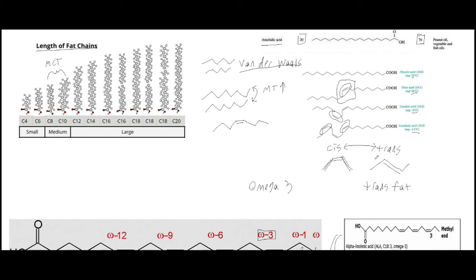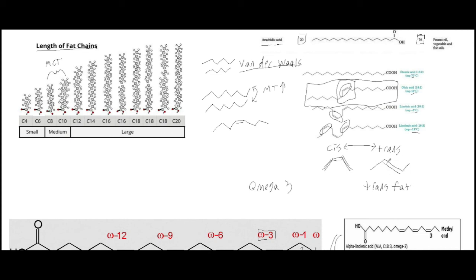And the reason they're considered bad is, as I will talk about more as we get into biochemistry, humans have enzymes that can actually break down these sorts of fatty acids with the cis double bond. We have enzymes that know how to work with these cis double bonds. We do not have enzymes that know how to work with these trans double bonds.